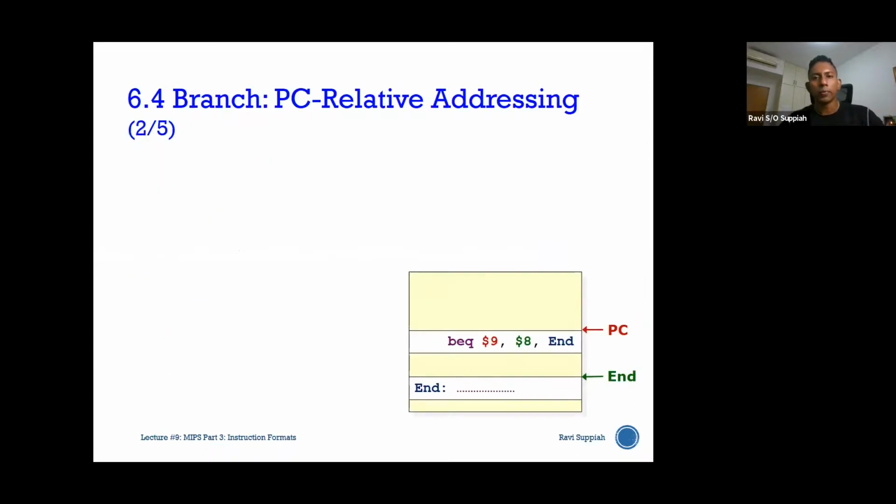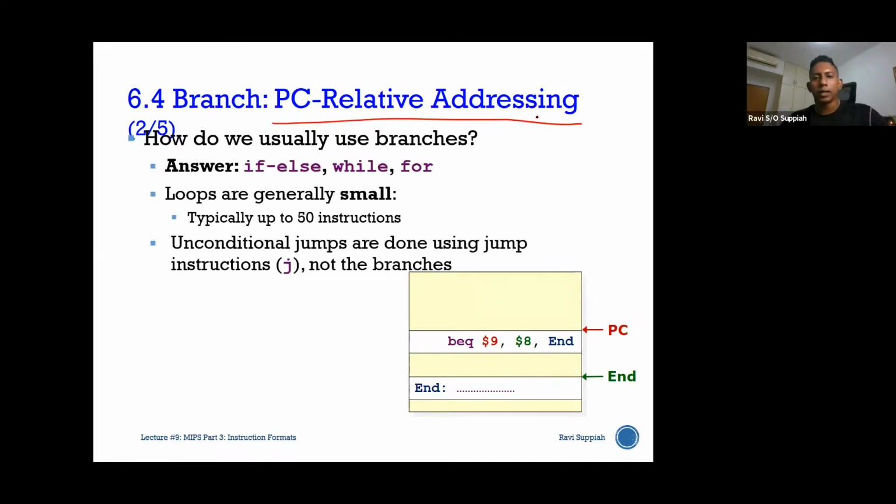That is where the idea of PC relative addressing comes in. Normally, loops, when you translate them, are not too big.